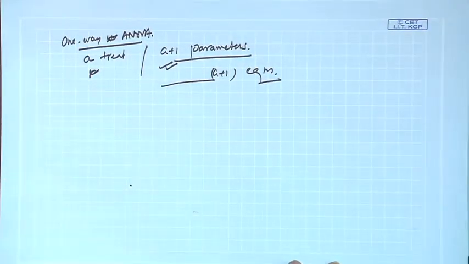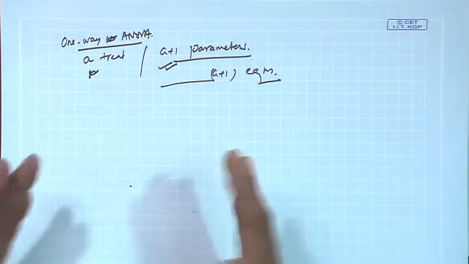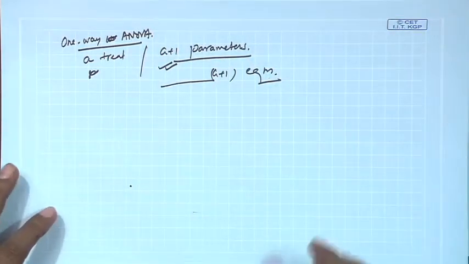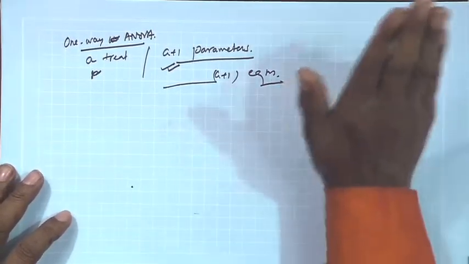Once you have the normal equations, you are in a position to estimate all the parameters, which are the same as we have seen in the one way ANOVA lecture. It is obvious.